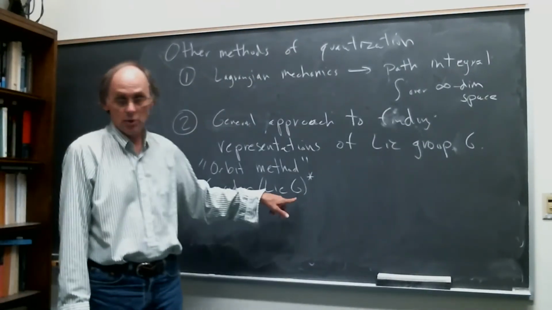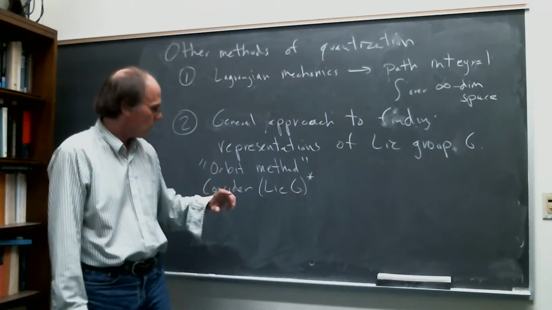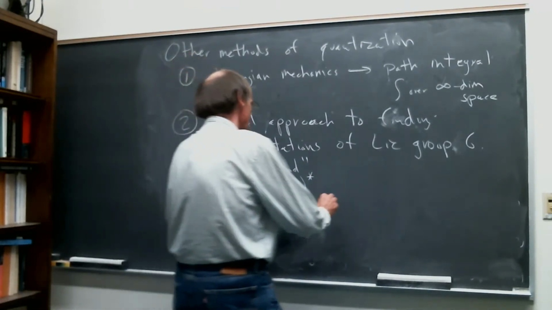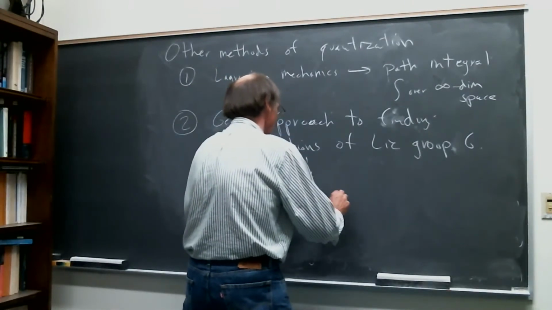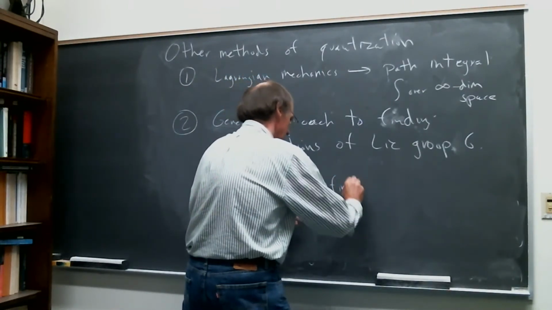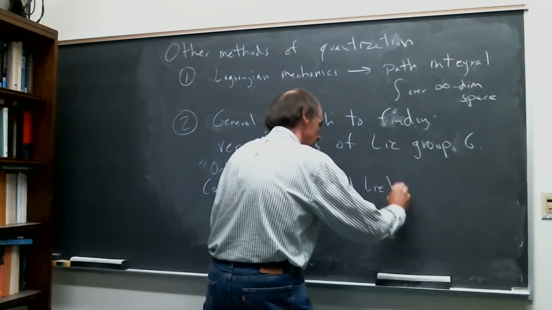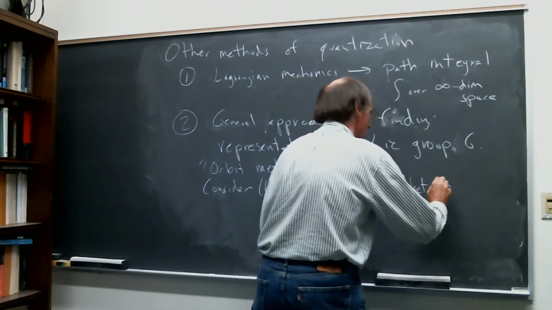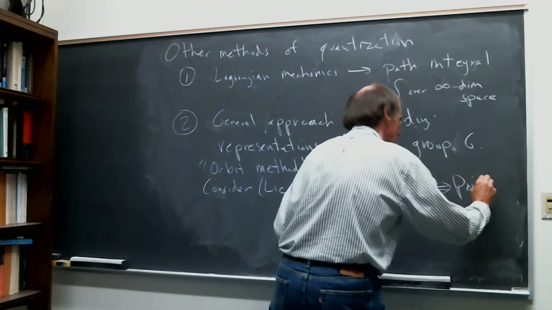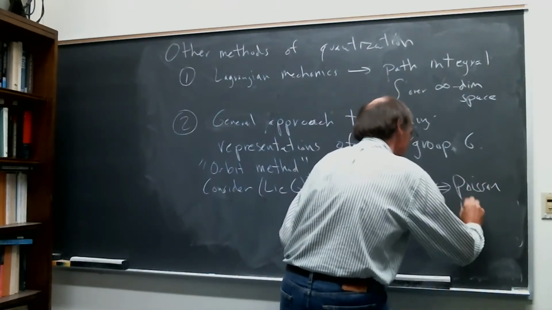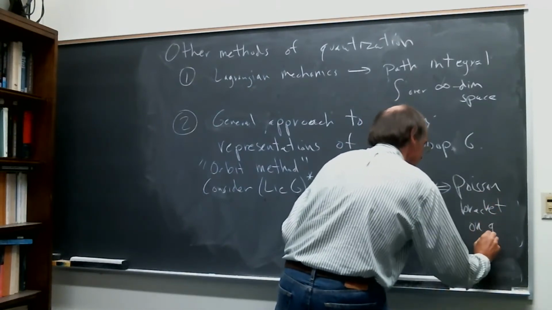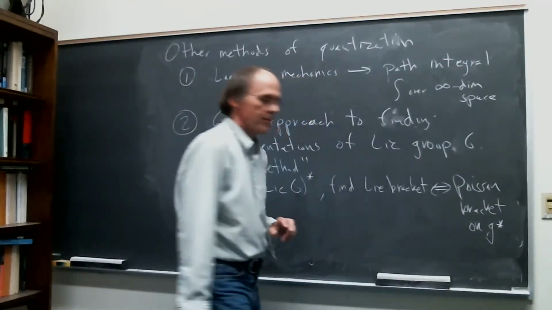So then look at the dual space, and then what you notice is that you find that the Lie bracket corresponds to a Poisson bracket.